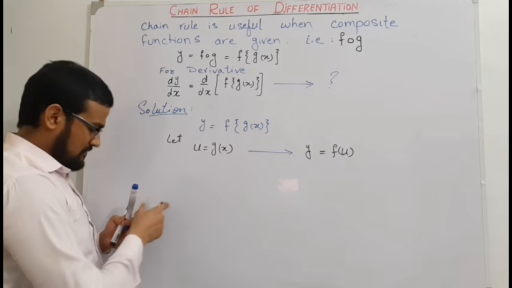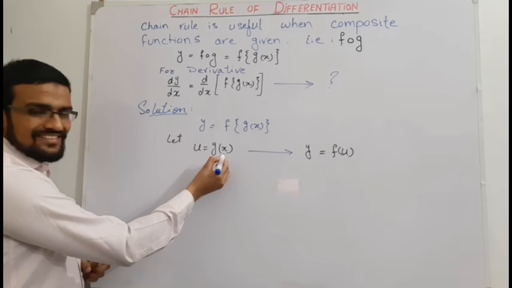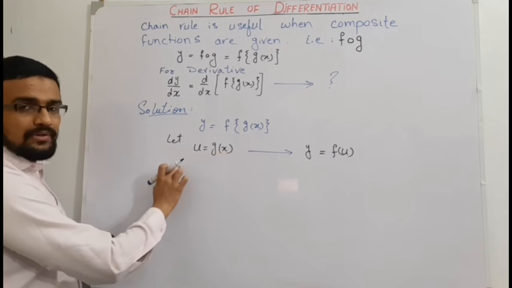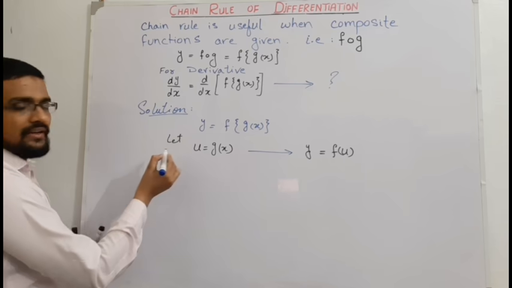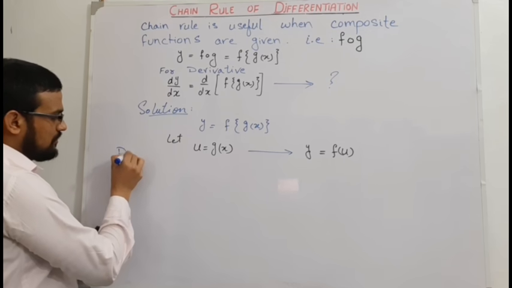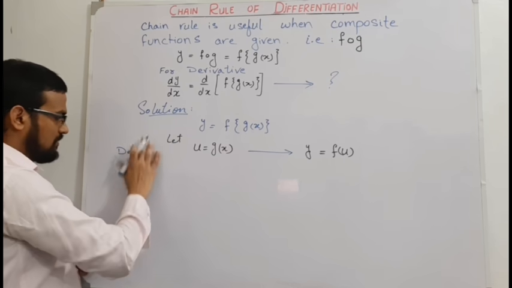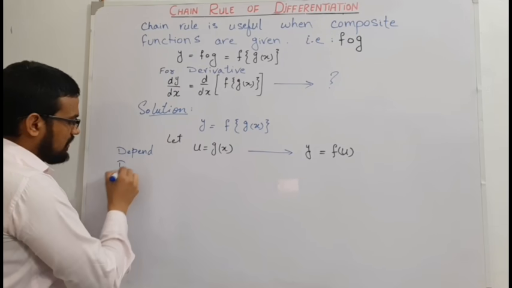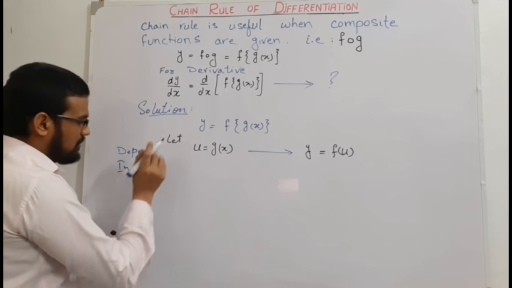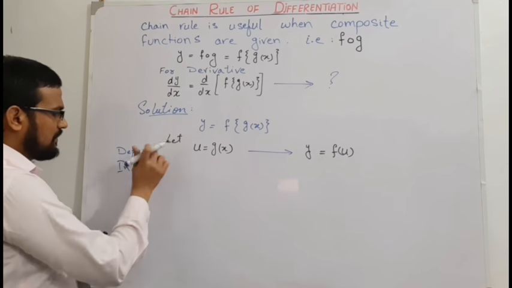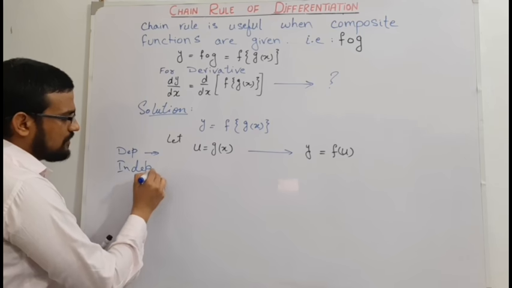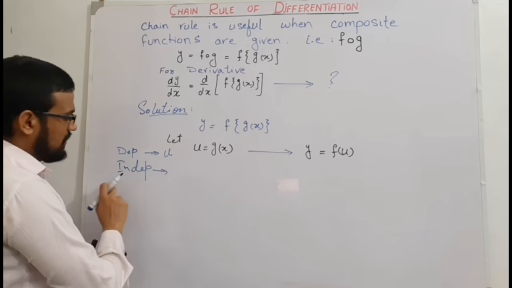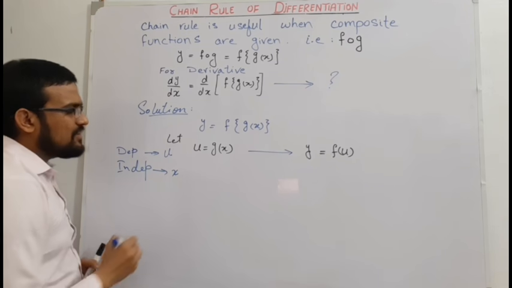In this function, x and u are the two variables, dependent and independent. Students, u is a dependent variable and x is the independent variable.